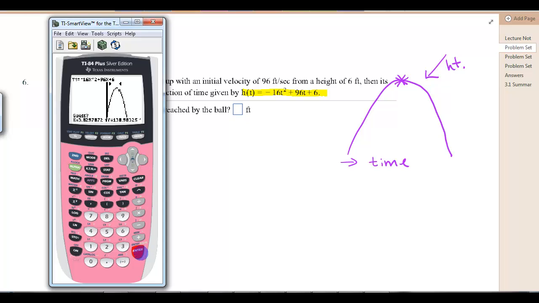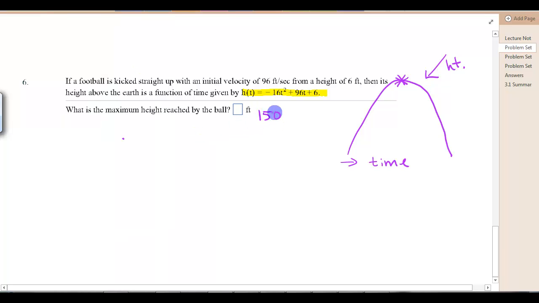Enter and enter. All right, so what we see is the max is at 3, up here to 150. So the y value is what we're asked to find. So 150 using our calculator.